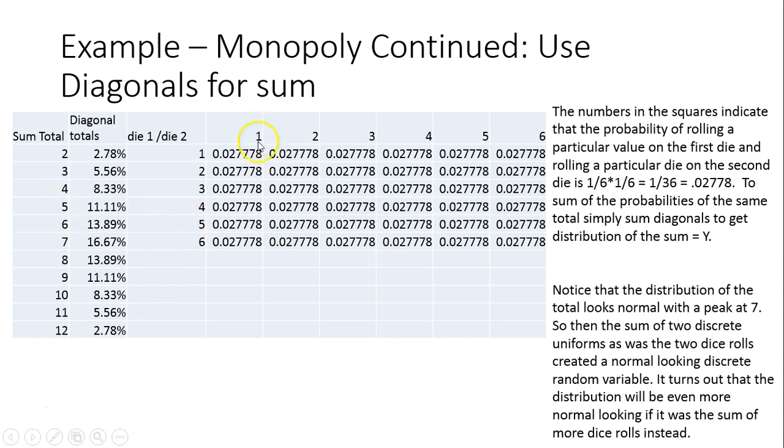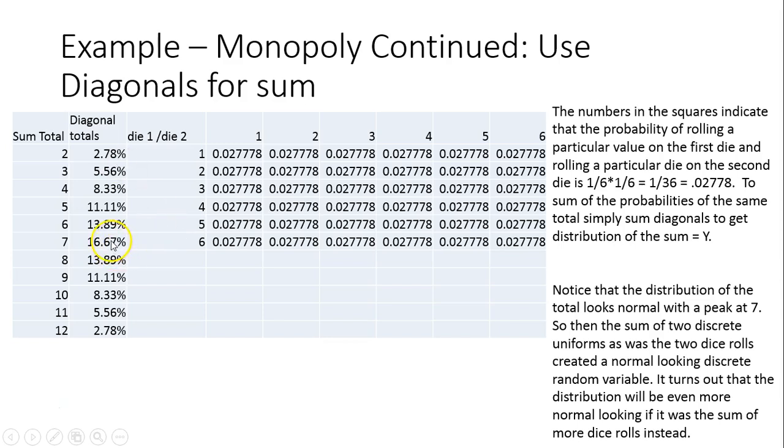It can occur getting a 1 and a 4, a 2 and a 3, a 3 and a 2, and a 4 and a 1. So there's 4 ways I can get a 5. Again, I add the probabilities together to get the total for 5. I use the same logic, and this is the distribution I'll get for the Monopoly rolls.